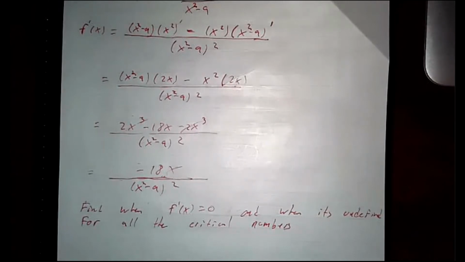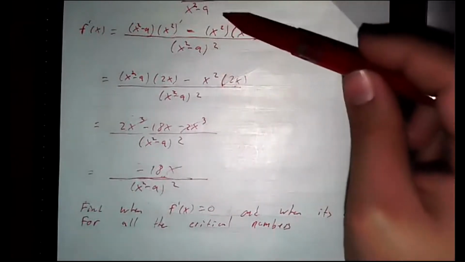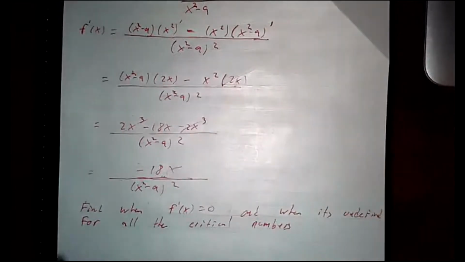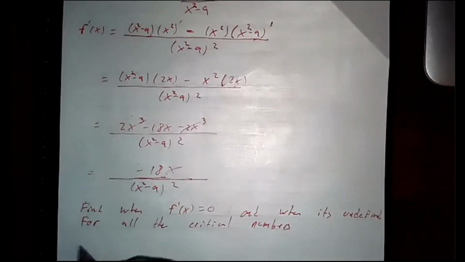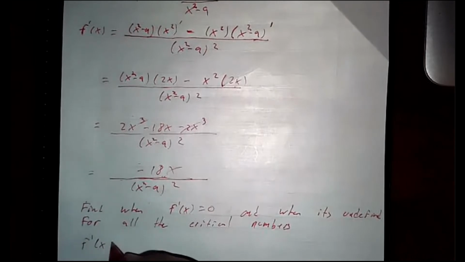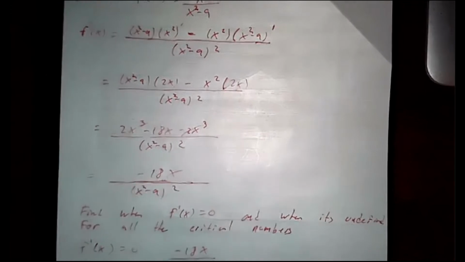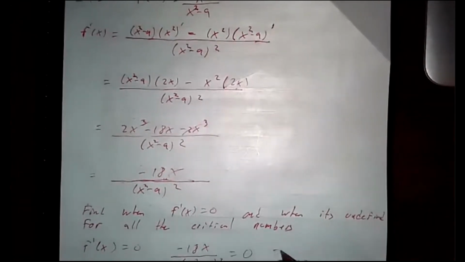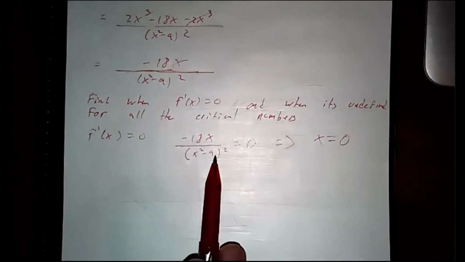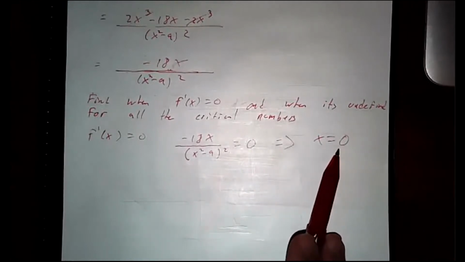Because if you notice, this is still undefined in the original. So you can just set the top part equal to 0 because the bottom makes no difference, right? So that implies that x is equal to 0. Because if I make the top 0, then the whole thing is 0. So clearly that's one critical number.